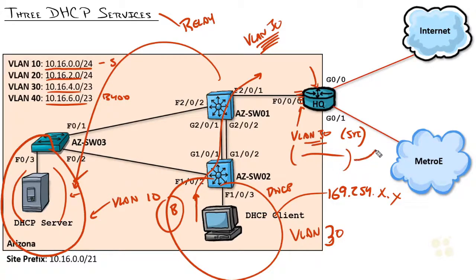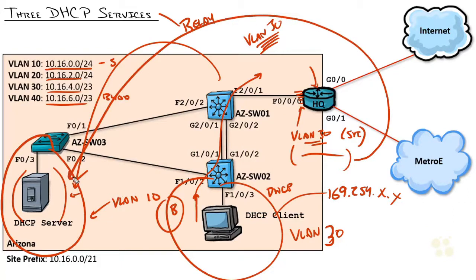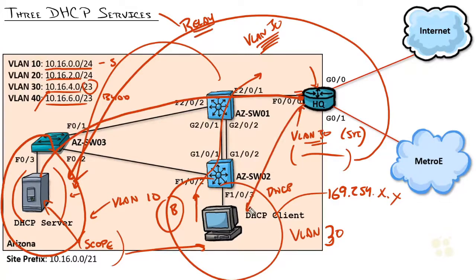When they're received, I want to relay them down to this. And as long as I go on that server and create a DHCP scope for VLAN 30, that would be the 10.16.4/23 subnet, the DHCP server goes, oh yeah, that's great. And it will pass it back to the router, who will then, here's the name, relay it back down to that client so that it can receive it.